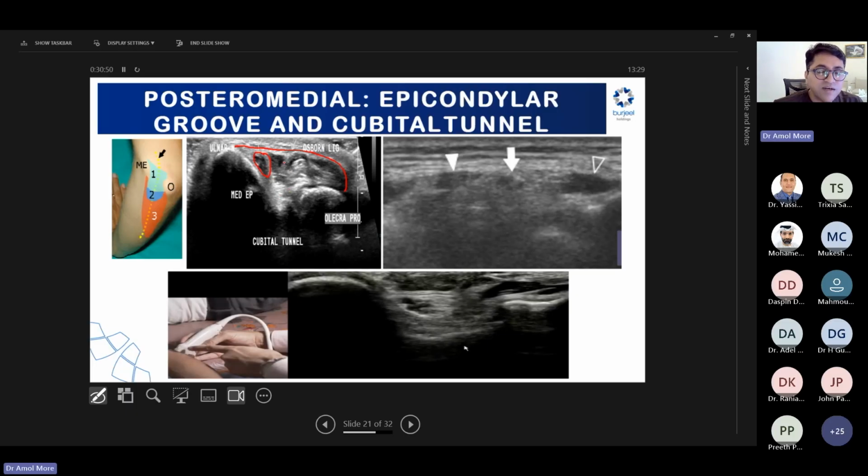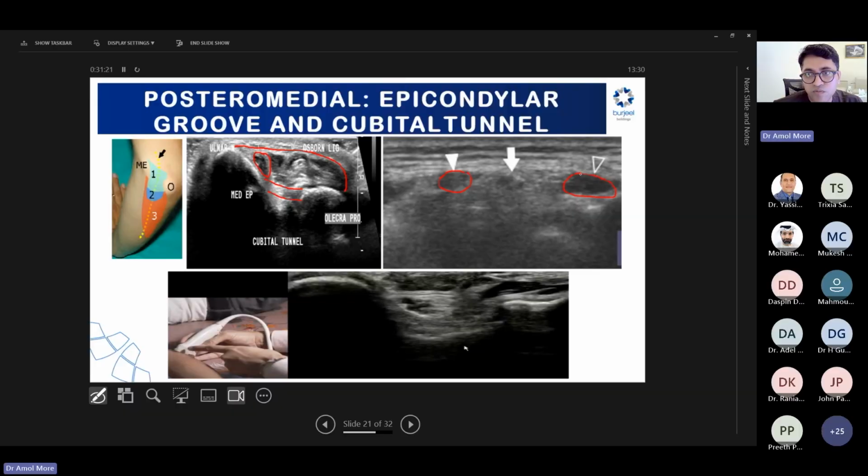There will be a small branch of the ulnar artery along the cubital tunnel in the posterior aspect of the ulnar nerve. This hypoechoic structure along the floor of the cubital tunnel is the posterior band of the ulnar collateral ligament. Once we come distal to the cubital tunnel, we have two heads of flexor carpi ulnaris.